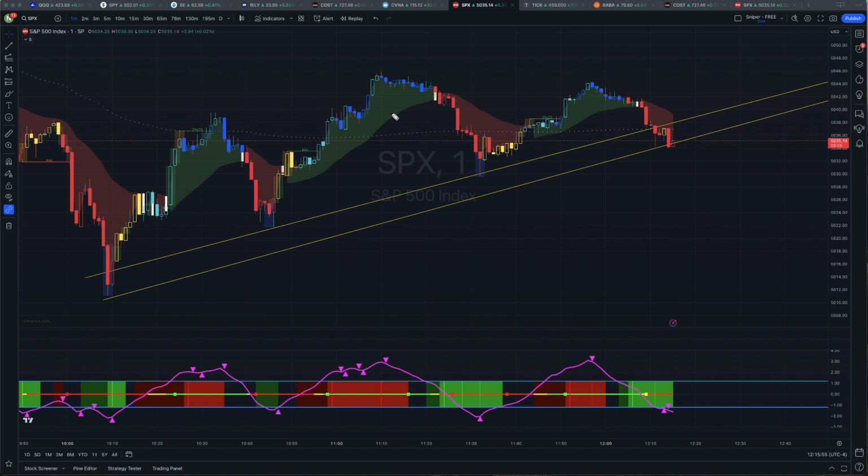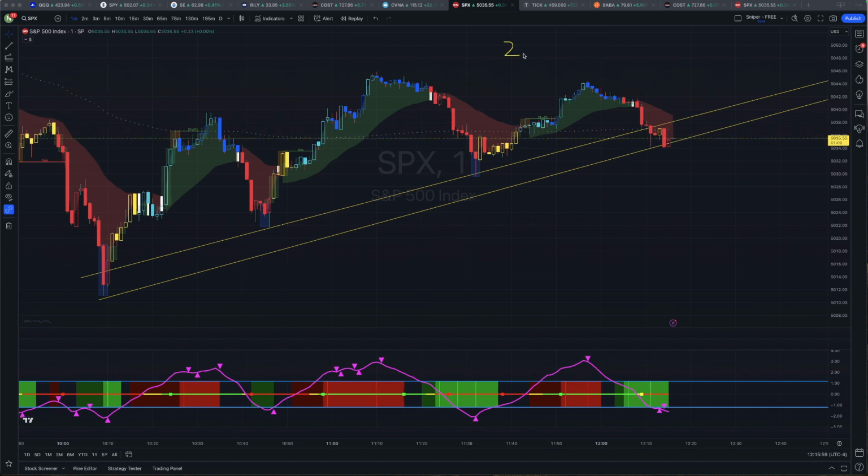So what I'm looking for with the 2.0 is a previous 1.0 signal. And you don't need this ready aim fire to do that. You can just see that with RSI. You're coming out of an oversold or overbought condition.